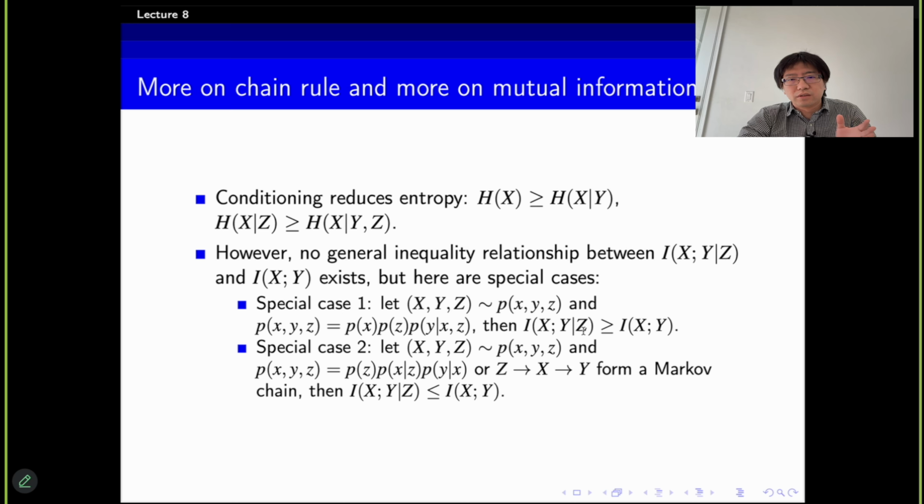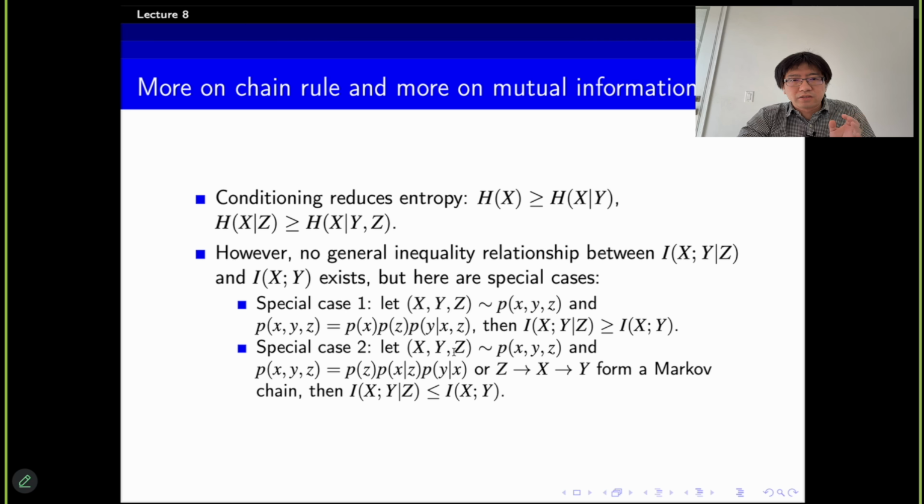The intuition is that we assume X and Z are independent, and then knowing Z can help you resolve more information about X by observing both Y and Z.